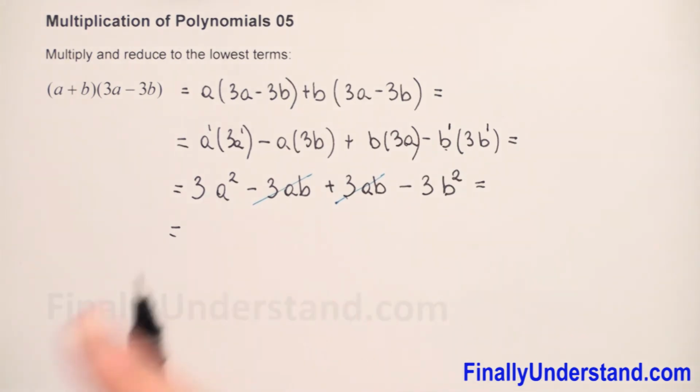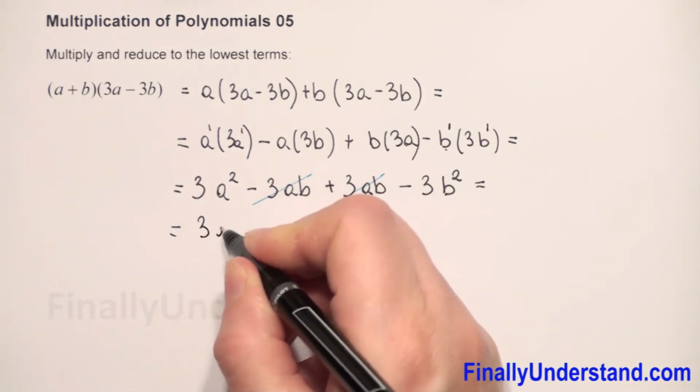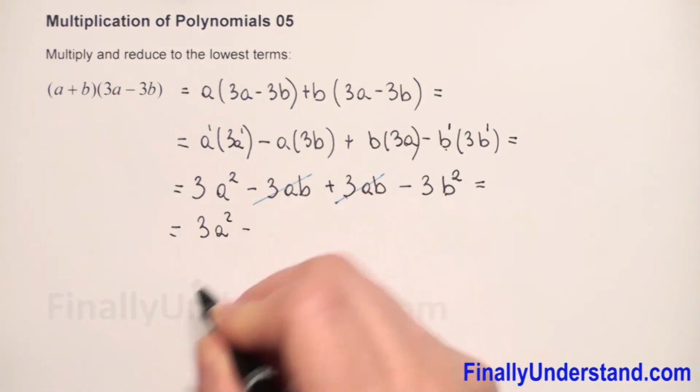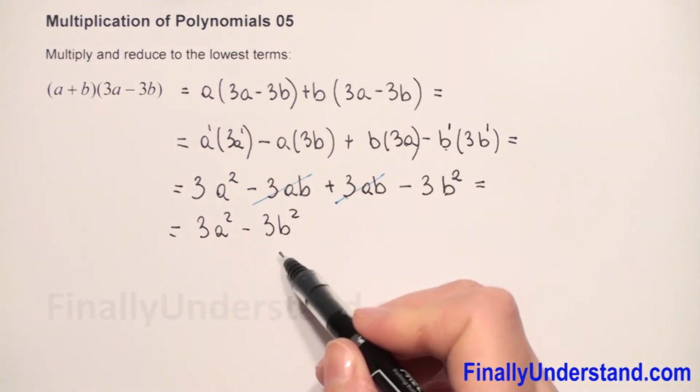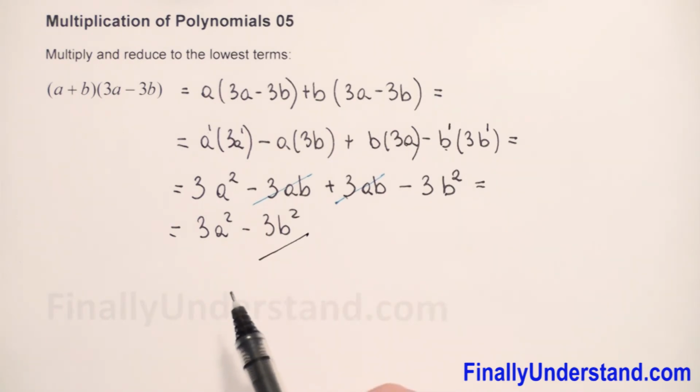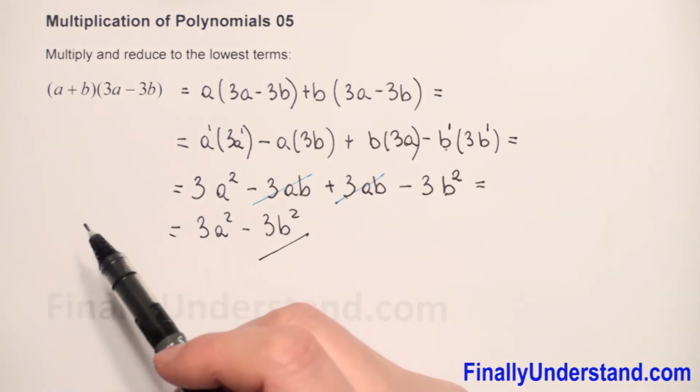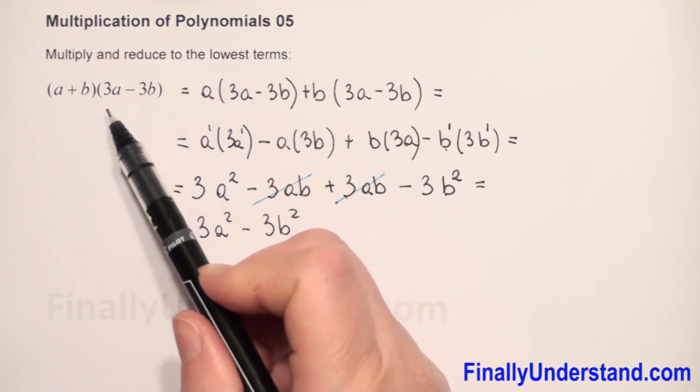So we have only 3a squared minus 3b squared. This is my solution. It was one way, and there is another way, much shorter.